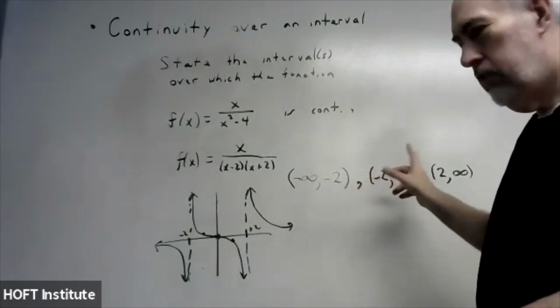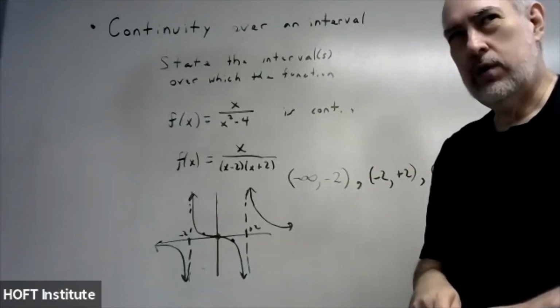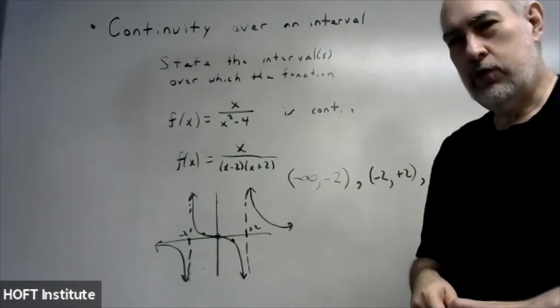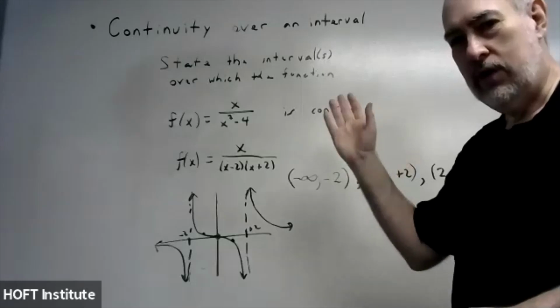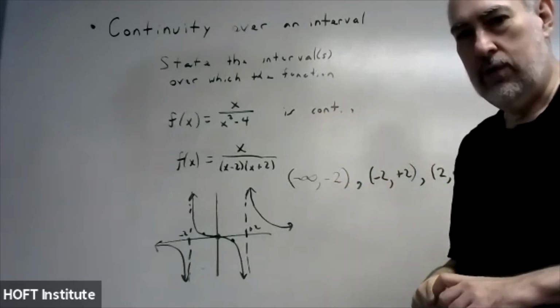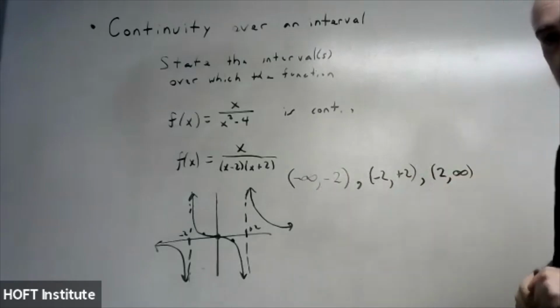And you don't want to use union signs in between these because you're not trying to glue them together. You're stating them as 3 separate answers. All 3 of these are intervals, you know, where the function is continuous. Okay, so this would be the answer that they're expecting for this problem.